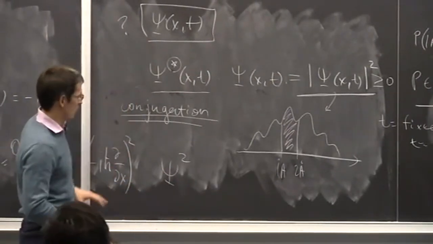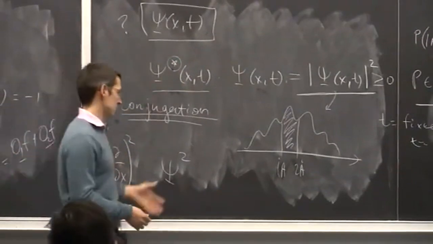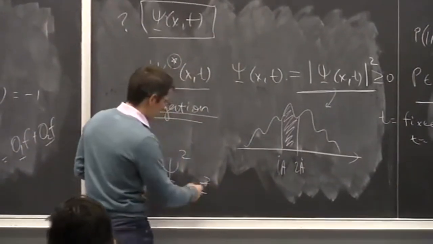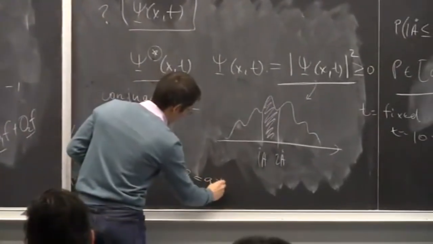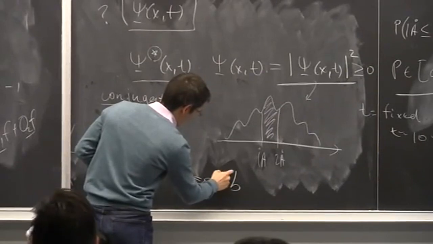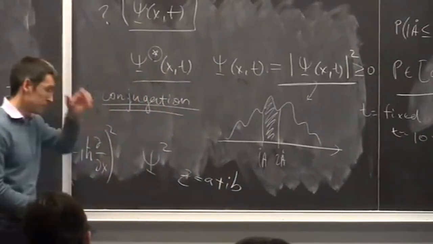Now, what is conjugation and why does it make the job done? Let's say we work with a complex number a plus ib, that's the typical way of writing complex numbers, right?